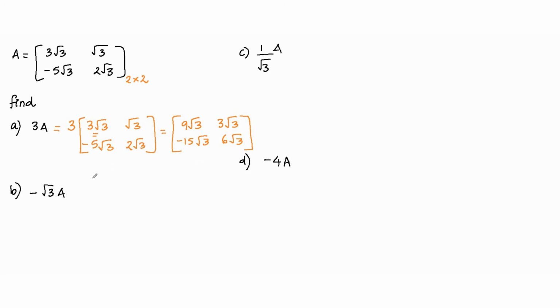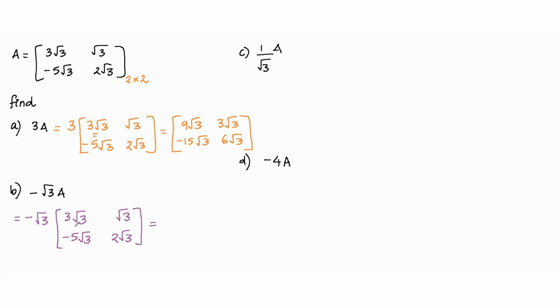Let me now go ahead and find the value of minus root 3 times A. So minus root 3 times A would mean minus root 3 multiplied by the matrix A, which is 3 root 3, root 3, minus 5 root 3 and 2 root 3. So now let me start multiplying the element with each element inside the matrix.